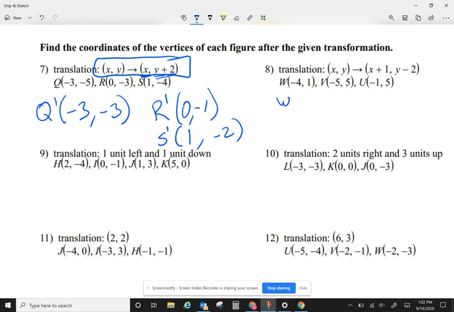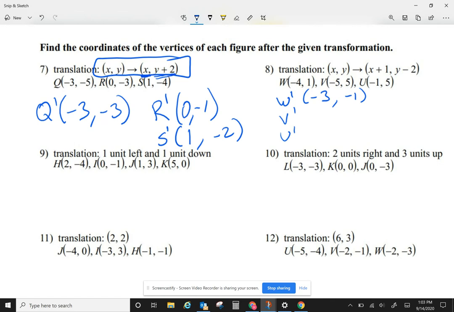If I'm solving for w prime, I could be solving for v prime or u prime. When it comes to the x, add 1. When it comes to y, subtract 2. So for w prime, my coordinates will be -3, -1. On the x, I added 1.